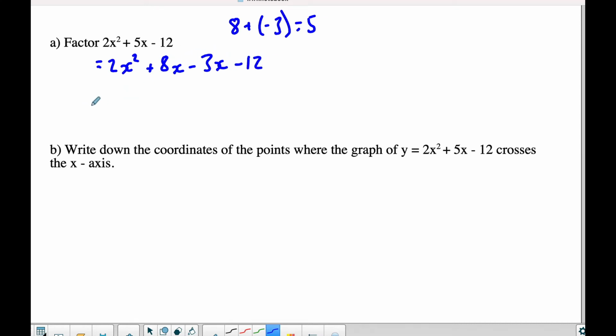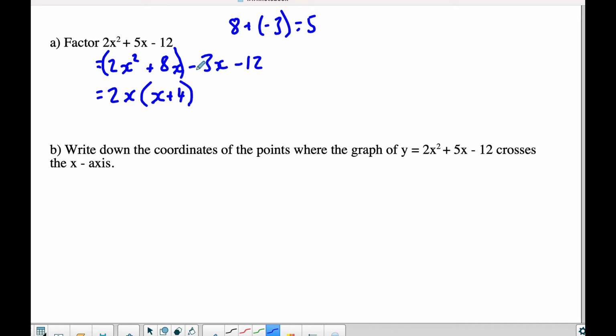And again, we're going to factor here. For the first two terms, the common factor is 2x, and we end up with, in the bracket, x plus 4.